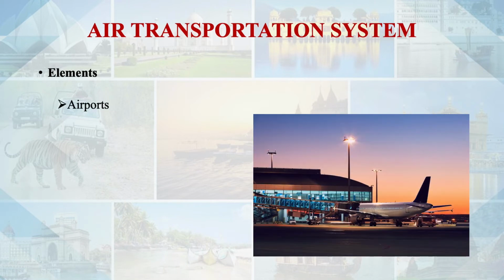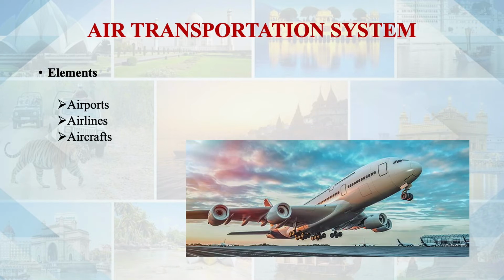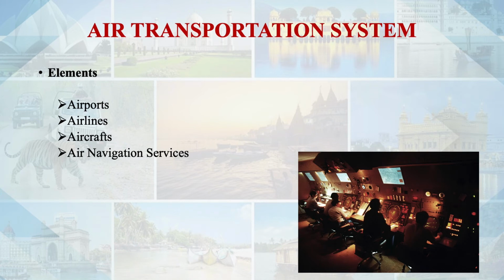Airport is an element in a transportation system. That is very important. Airline is another important element in the air transport system. Aircraft are there. Air navigation services are there. So these are the elements in the air transportation system. Airport, we will go into the details later. That is another unit.